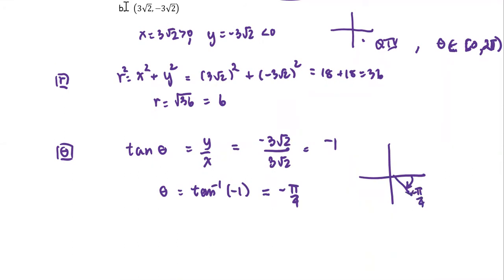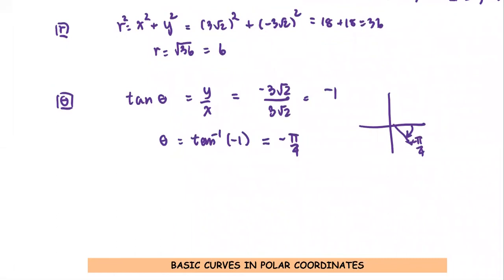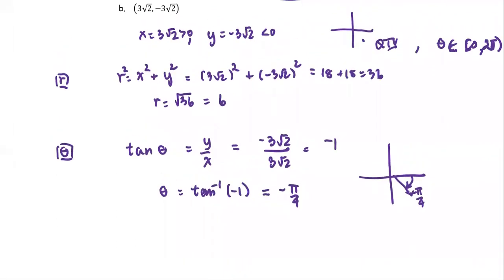Now we're going to find the angle in the positive form. That means we're going to find the coterminal angle of negative pi over 4. The coterminal angle can be found by adding 2 pi, or another revolution, and it turns out to be 7 pi over 4.